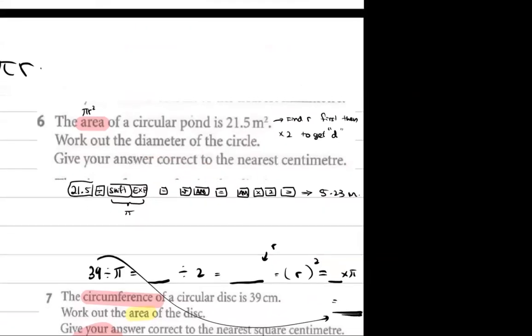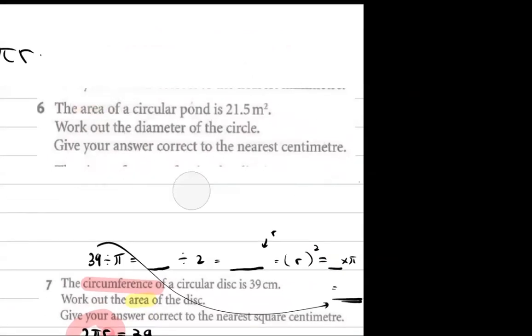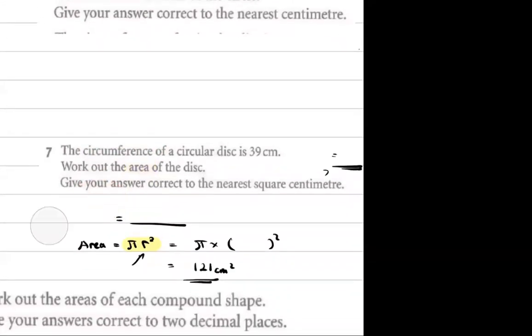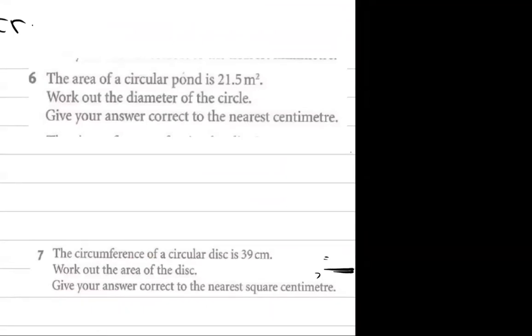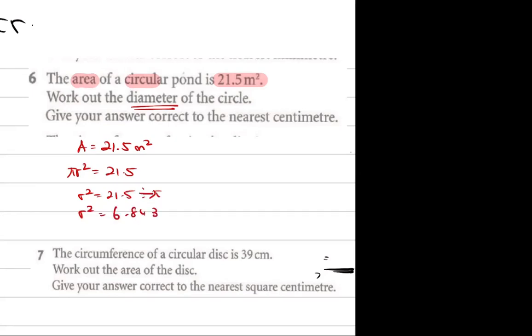So let's look at number 6. Area of a circular pond. Area of the circle, 21.5. Work out the diameter. First, find the radius. 21.5 divided by pi. 6.8437.